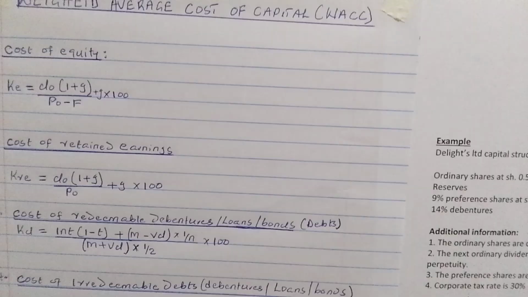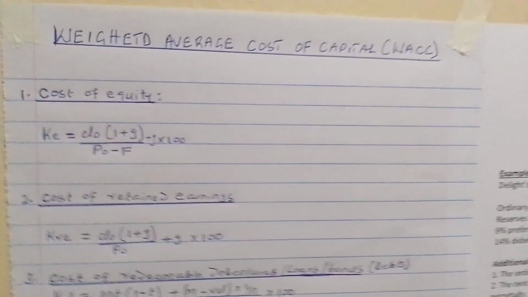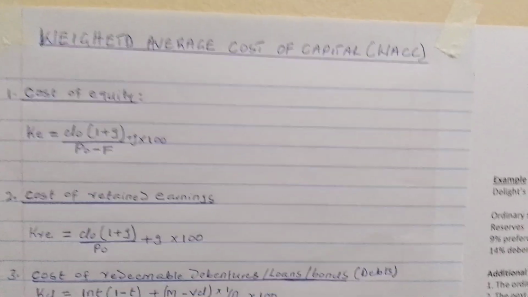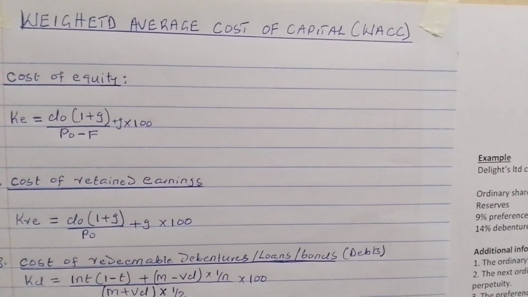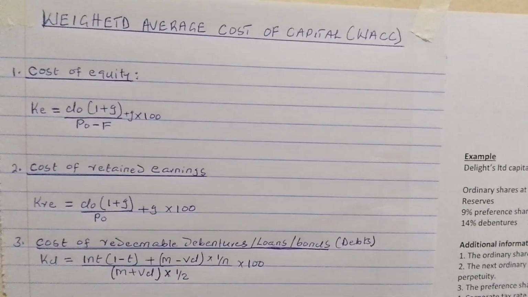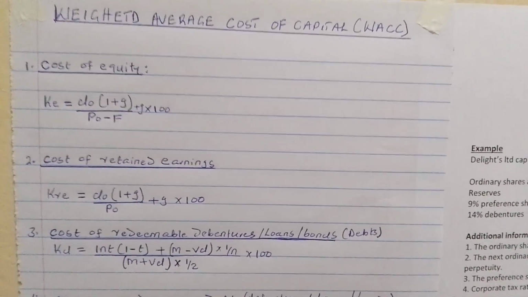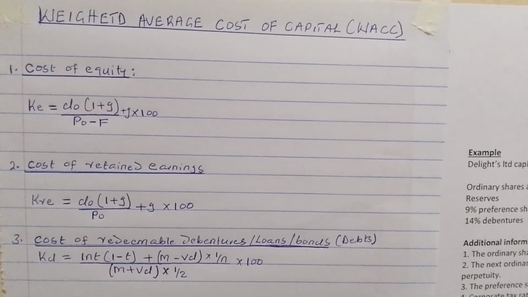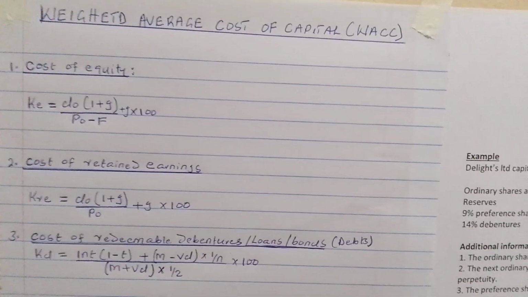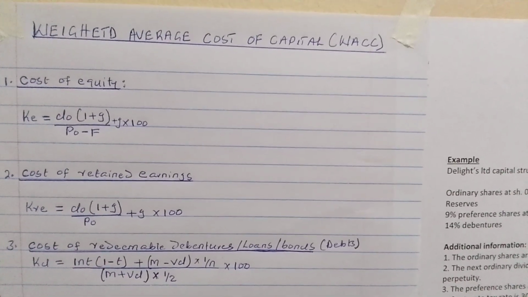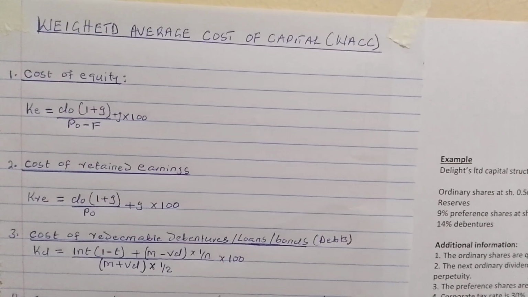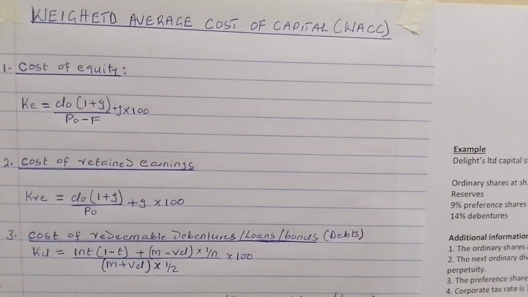Let's elaborate those formulas because you need them to deal with any question to do with weighted average cost of capital. Now, weighted average cost of capital simply means the cost of existing capital. I'll still look at marginal cost of capital, that is MCC, which means cost of raising additional capital.